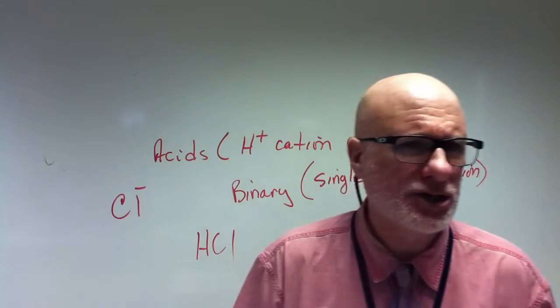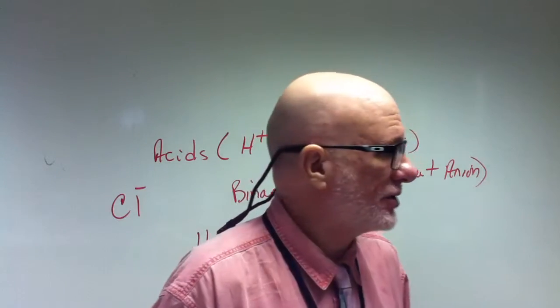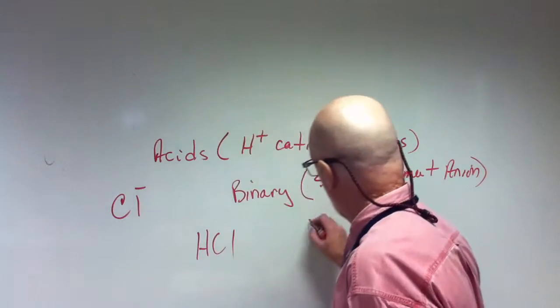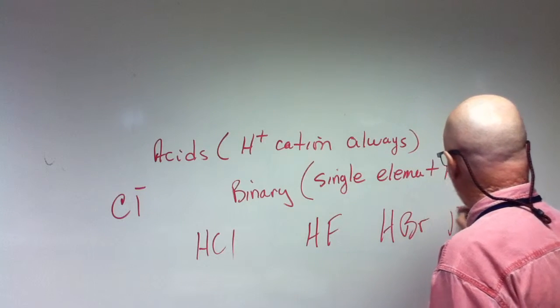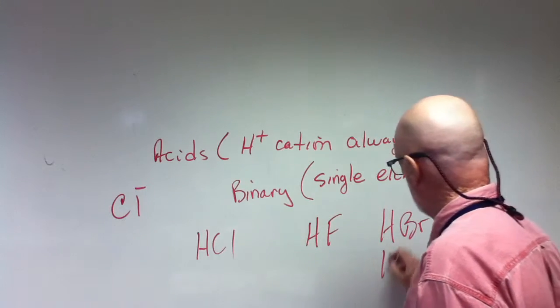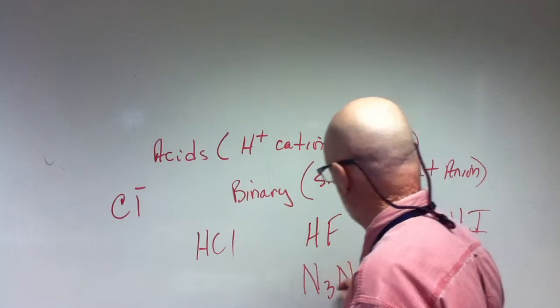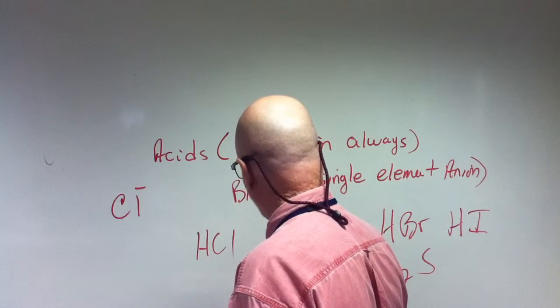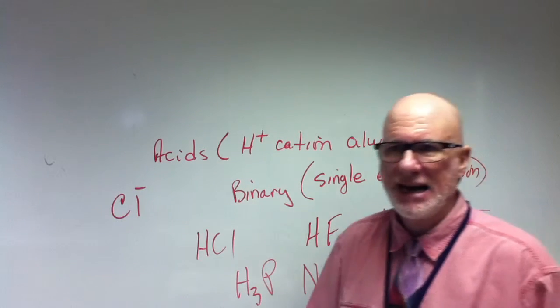I'm just going to write a bunch on the board. And writing the formula for binary acids is actually very simple, isn't it? So, HF, HBr, HI, H2S, H3N, H3P. Okay? Binary acids.